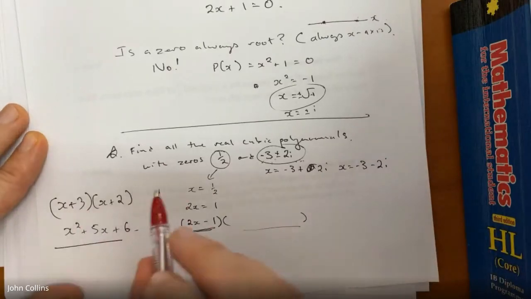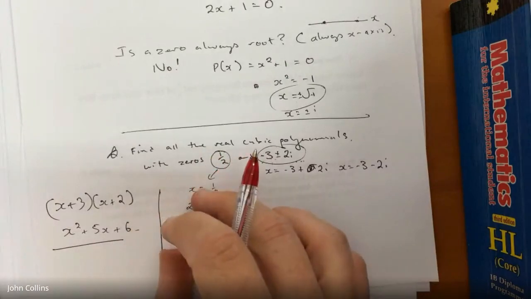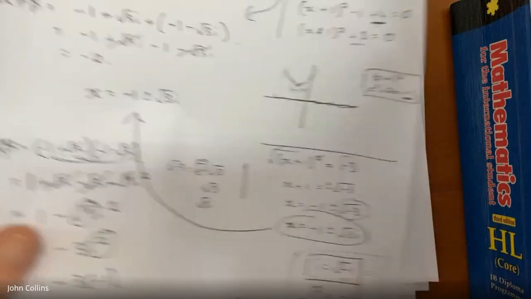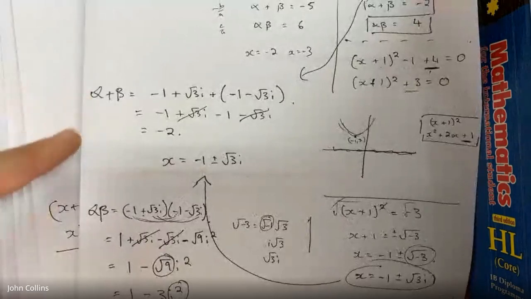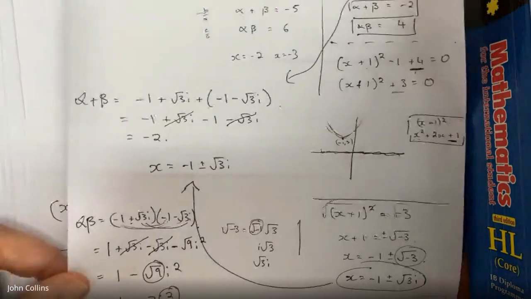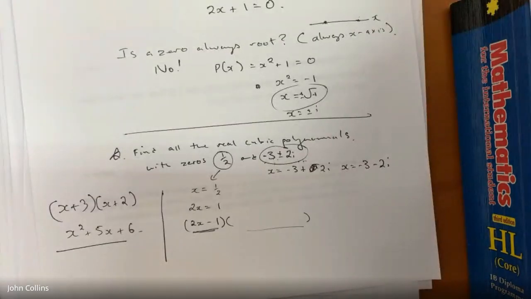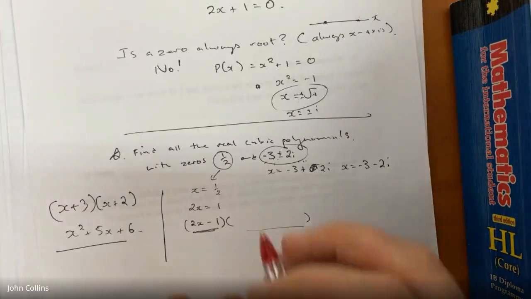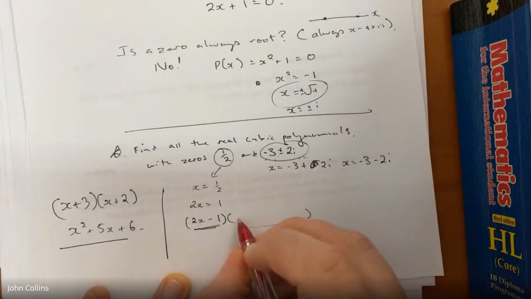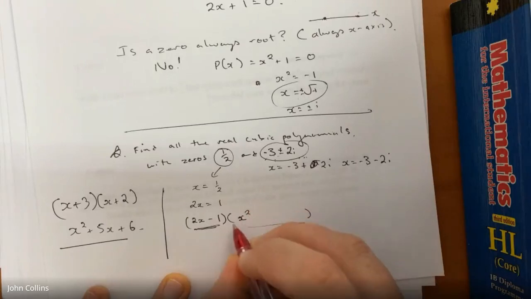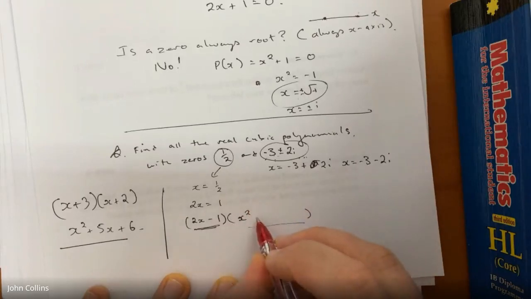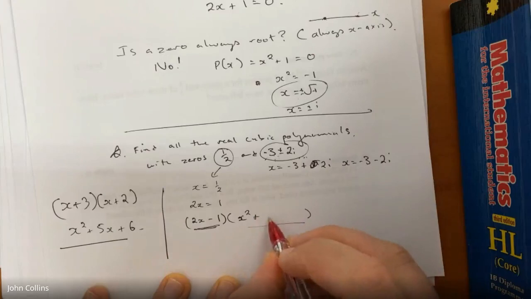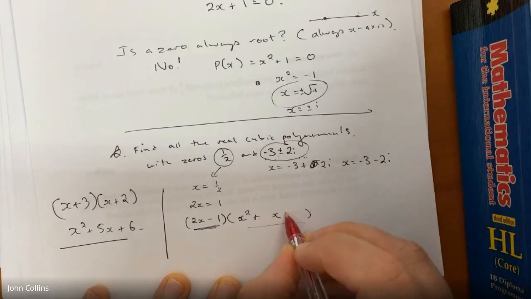But now that we proved on the previous page about alpha plus beta and alpha beta, the sum and product of the roots, we can use that to form our quadratic. The quadratic is going to be something x squared, plus something x, plus or minus something at the end.